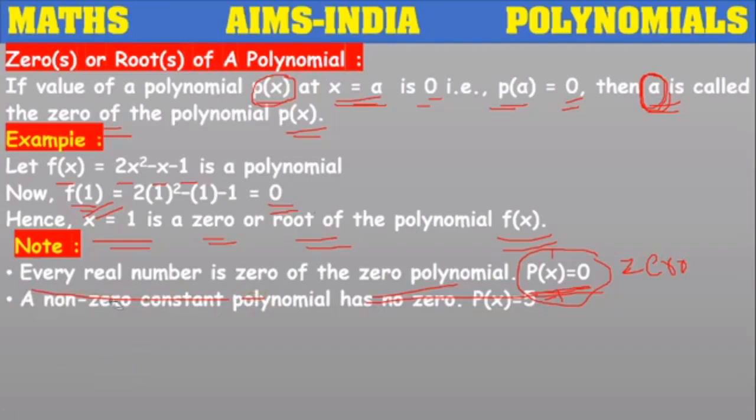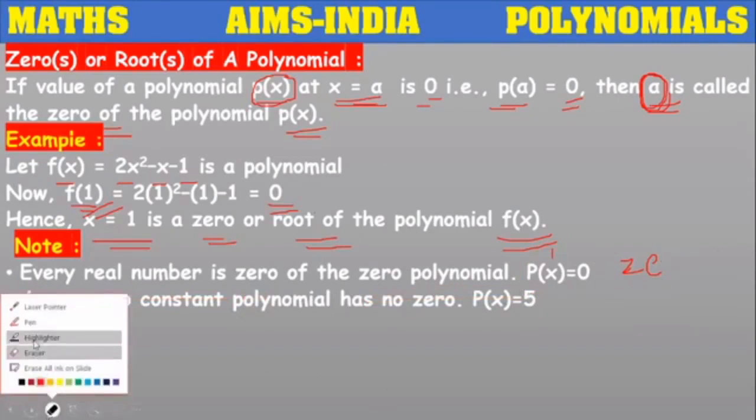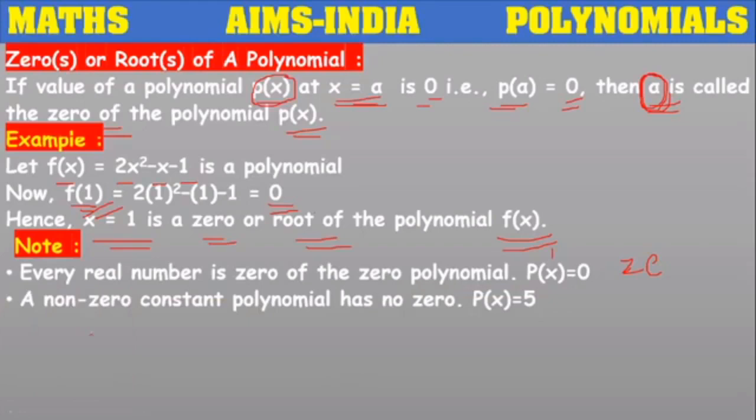Suppose I have a polynomial like p of x equal to 5. Here we have only a constant. I mean, there is no variable. If it is a variable, we have to assume it is x power 0. This is an example of constant polynomial.